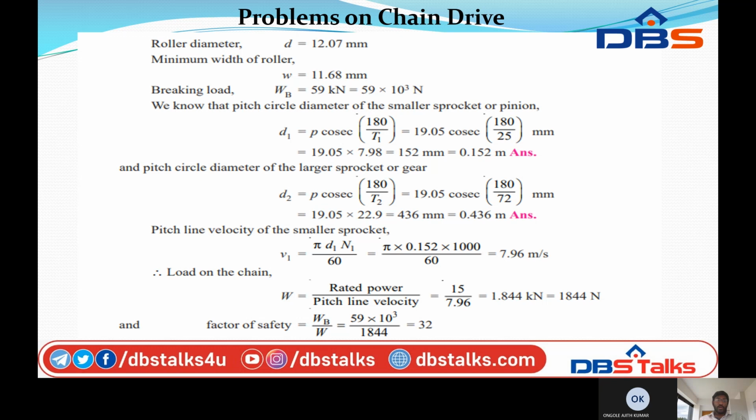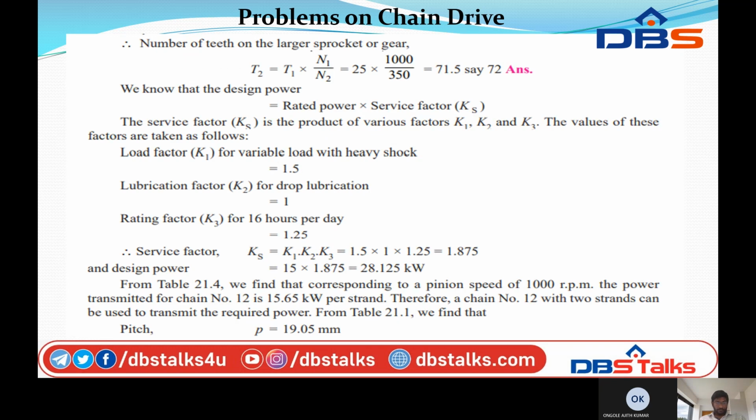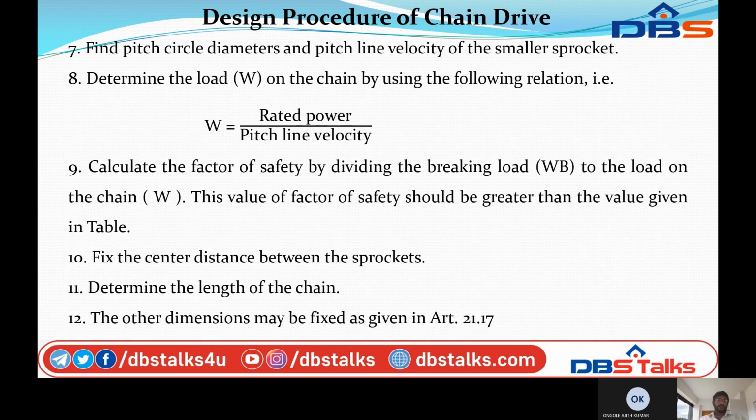So therefore load on the chain W is equal to rated power by pitch line velocity. So this formula is already given in the design procedure. W is equal to rated power by pitch line velocity.